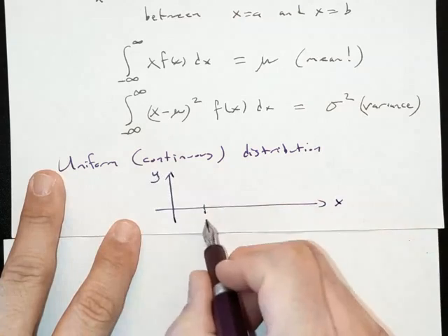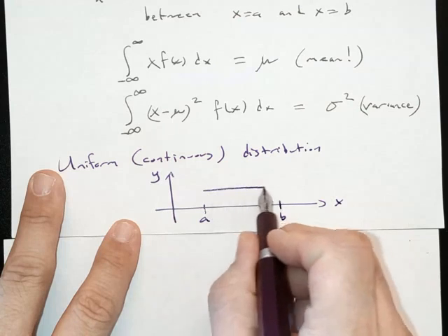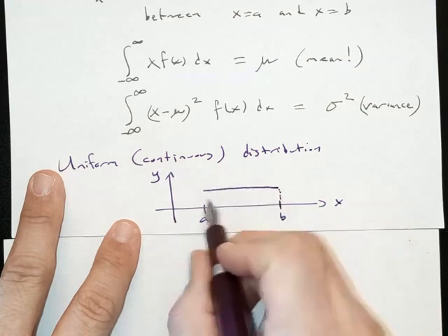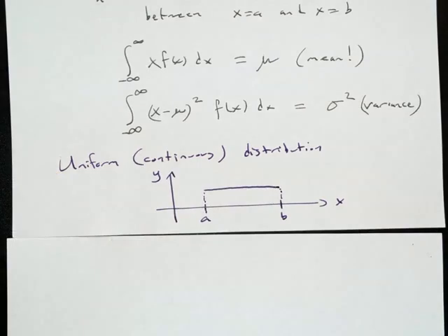So let's suppose we went from A to B. I want the area inside this rectangle to be 1.